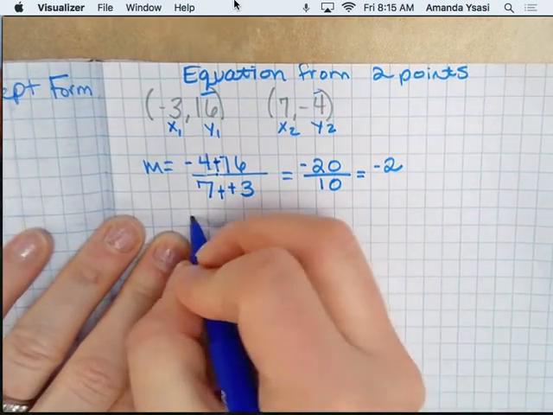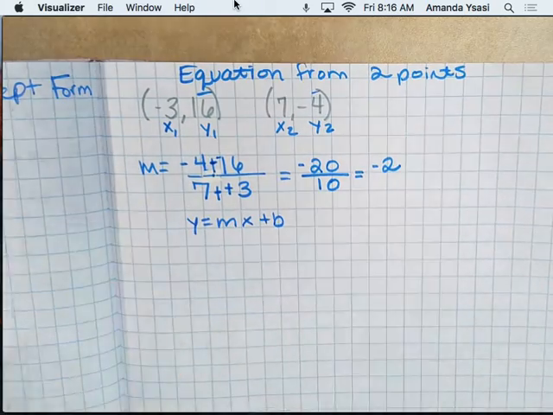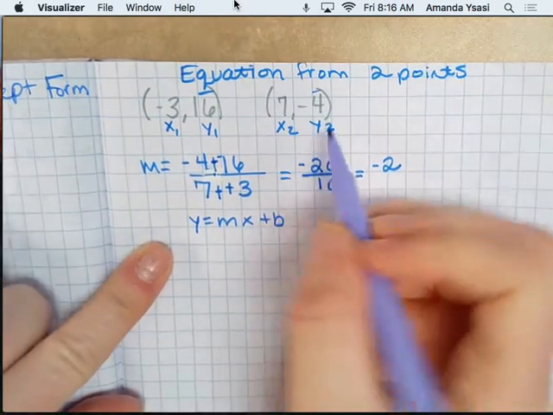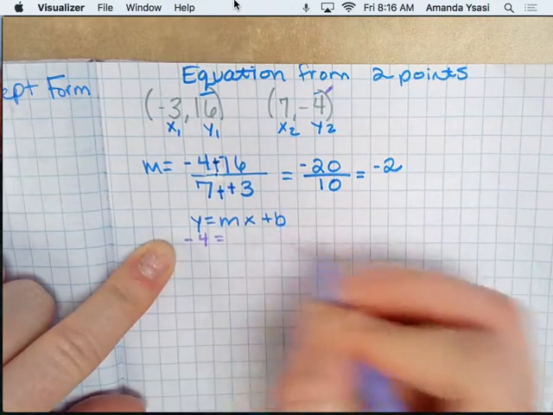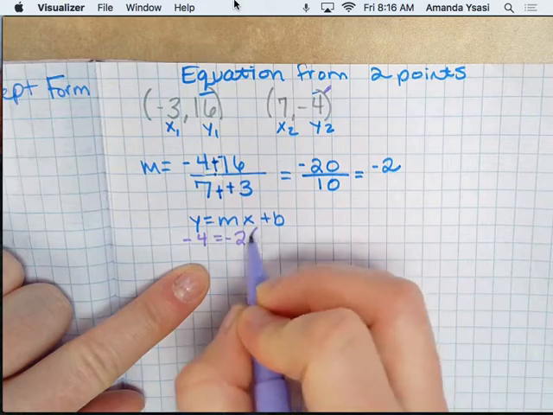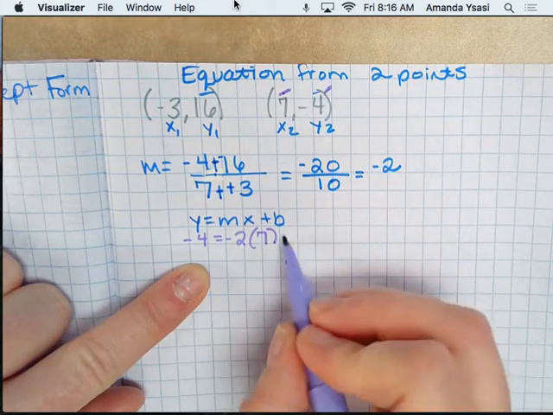All right, so remember y equals mx plus b. So we are going to plug in y, which would be the -4, equals m, -2, times 7, because 7 is our x, plus b.